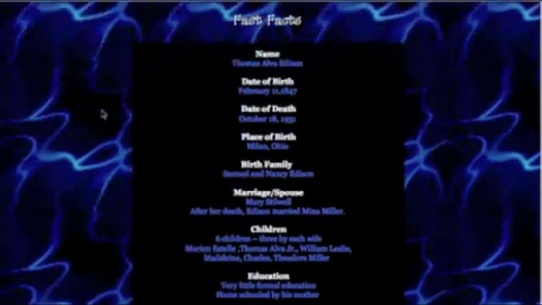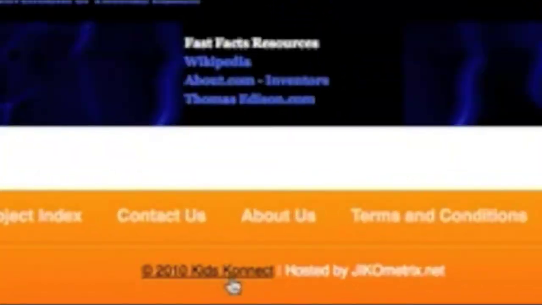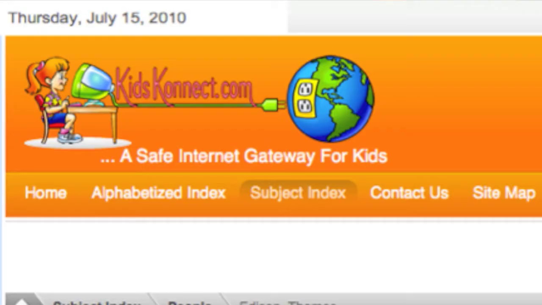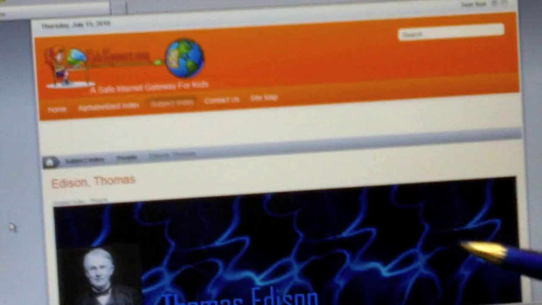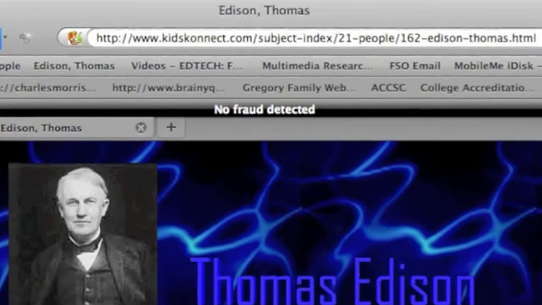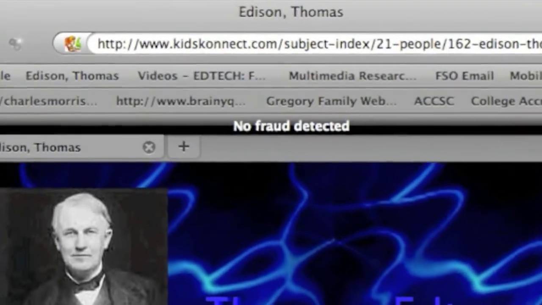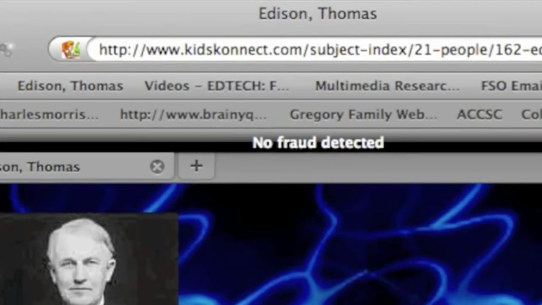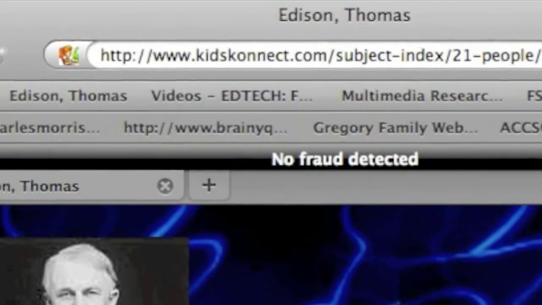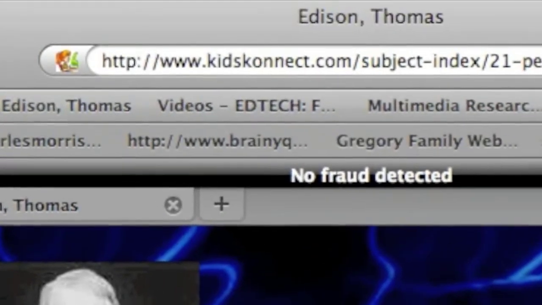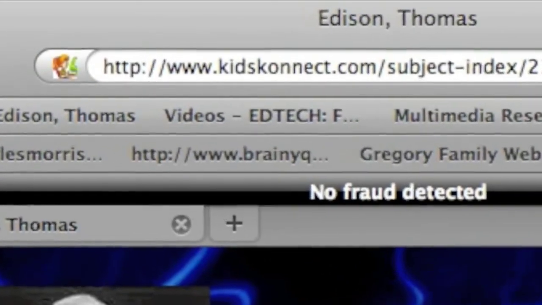And then down further, if I go to the bottom of the website, that's probably where the date published is located. Thursday, July 15, 2010 is the date that I retrieved it, or I know what the date is, so I could put that in even if I didn't see it on the website. It's also good practice to add the URL or web address because many teachers require that. You'll find it here at the top of the window, and it starts with HTTP.